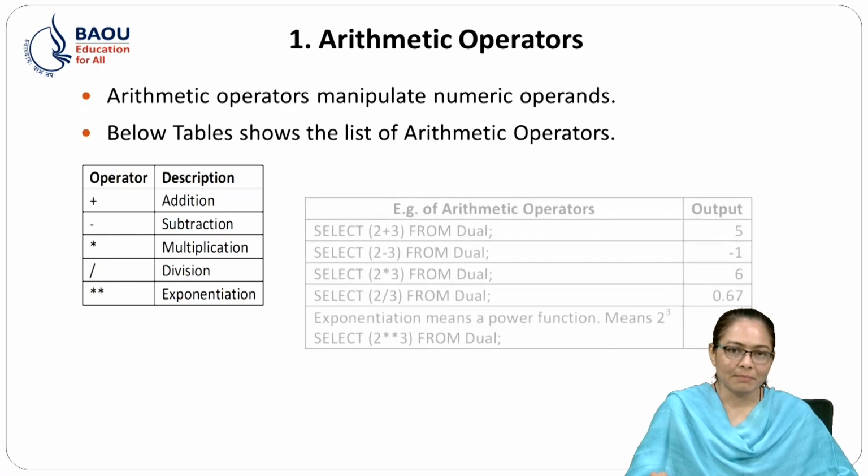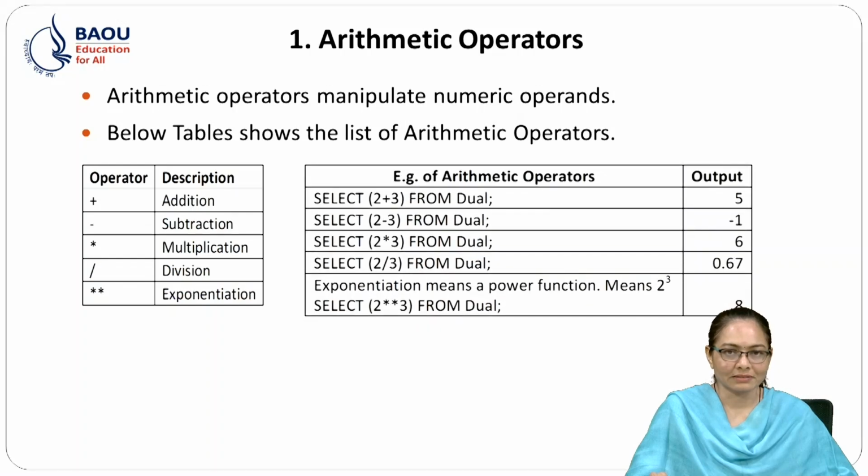See the examples of the arithmetic operators and their outputs. Select (2 + 3) from dual. The output of this query is 5. Next, select (2 - 3) from dual.